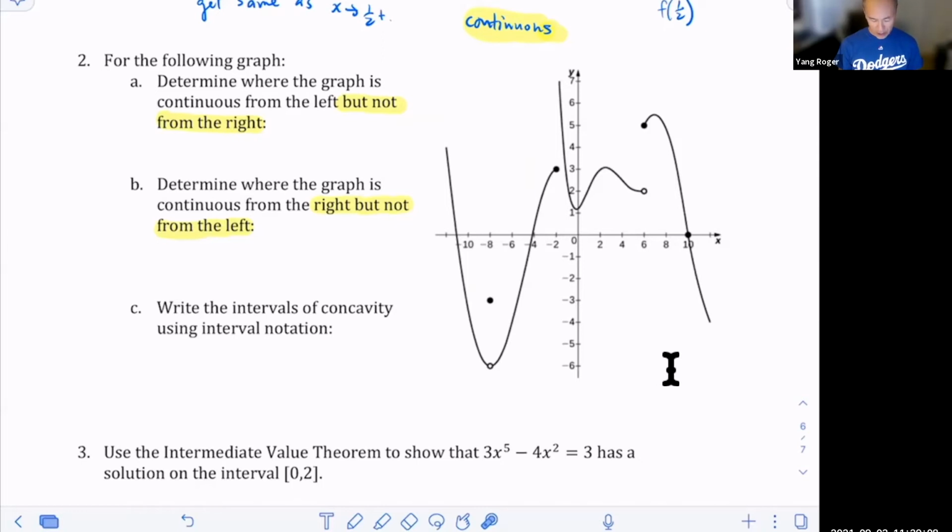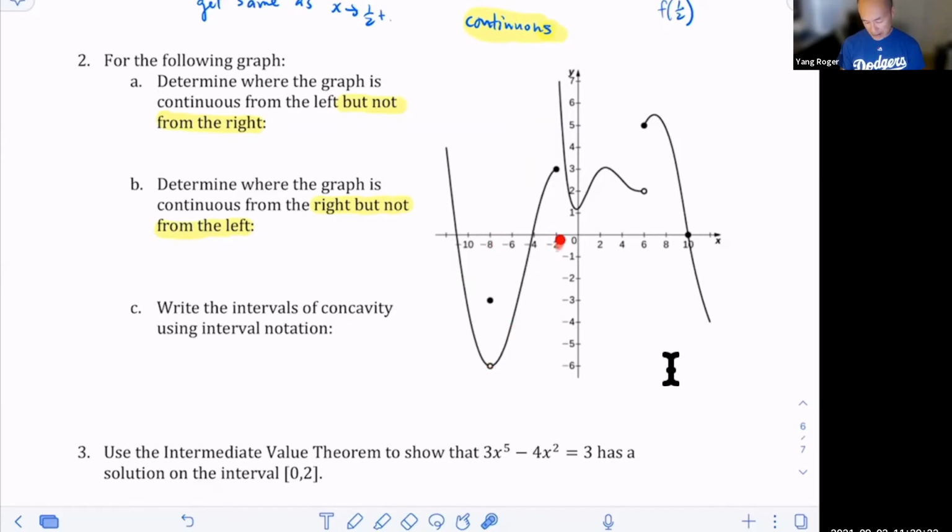The first thing I want to say is that to me, it looks like something interesting happens at -8, something interesting happens at -2, something interesting happens at 6. When I look at -8, it's not continuous from the left and it's not continuous from the right. So at x equal to -8, it's nothing.